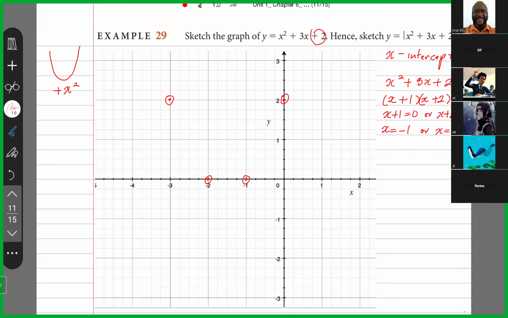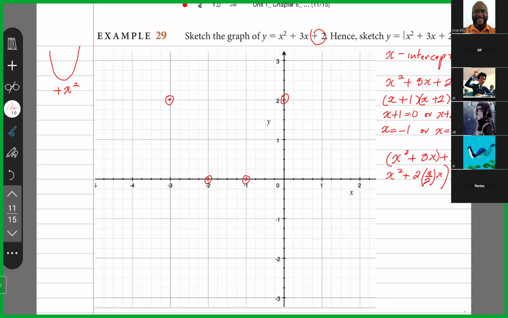Let's now determine the minimum turning point. And to do that, we have to complete the square of x squared plus 3x plus 2. I'm going to bracket the first part. So I'm going to have x squared plus 2 times 3 over 2x.